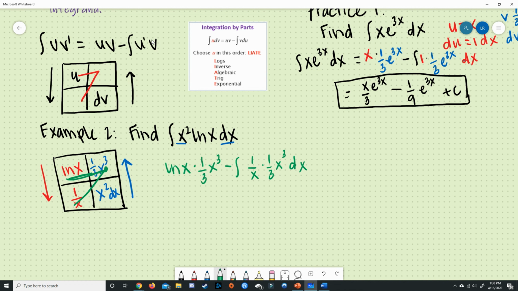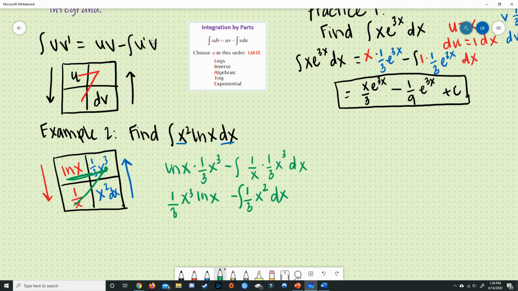Now, of course, we're not done until we've dealt with all of our integrals. So let's go ahead and simplify this as we go. This is going to be 1/3 x cubed ln of x minus, well, there is an x in our denominator and then 3 in our numerator. So really this becomes 1/3 x squared dx. Now this is just a simple power rule to integrate.